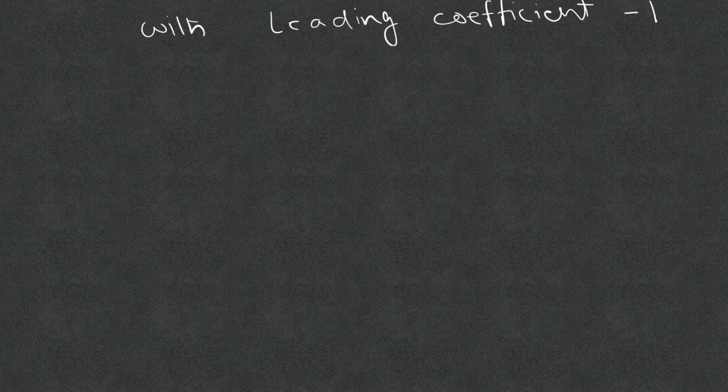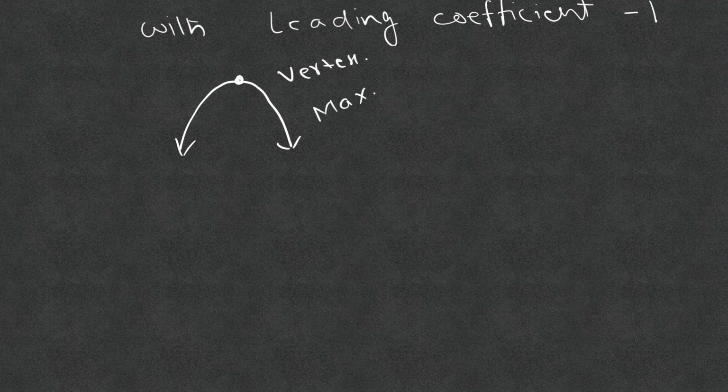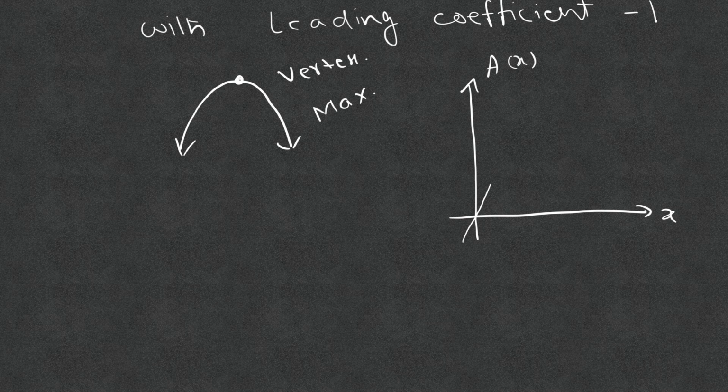Which means the graph will face downward with the maximum point at the vertex. With length on the x-axis and area on the y-axis, we can represent the given information in terms of a graph on a rectangular coordinate system.